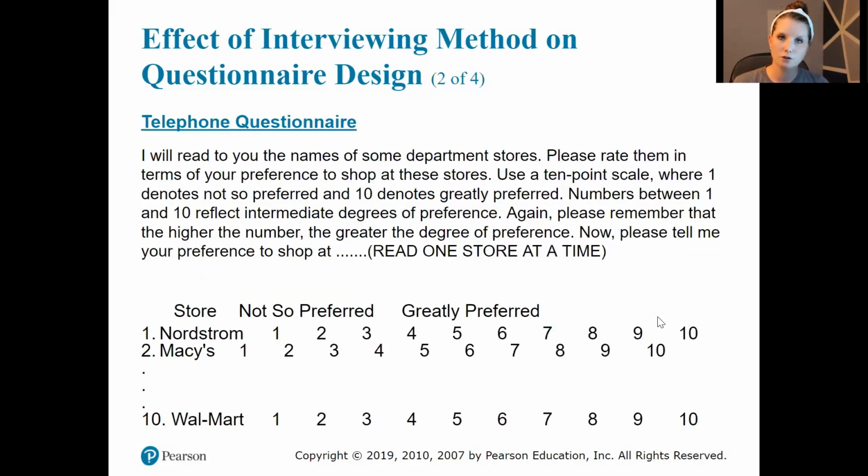A telephone questionnaire is exactly what it sounds like. You are going to call on the telephone. This may be random digit dialing. I will note that there are very few landlines left relative to cell phone lines, but they do still exist. And with landline telephones, there is this do not call list.